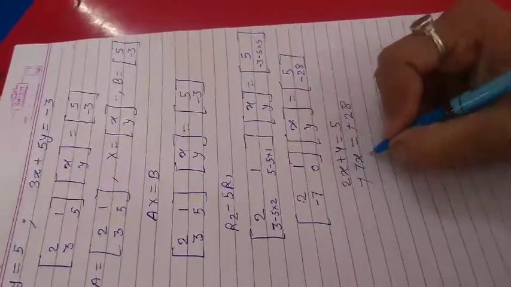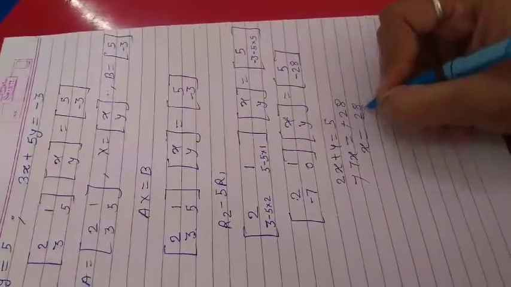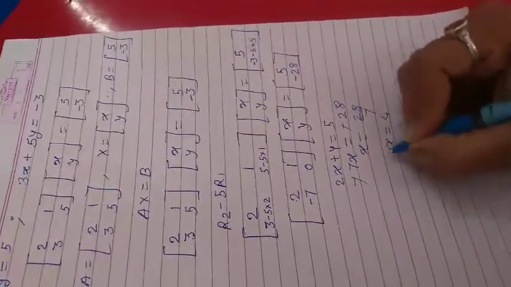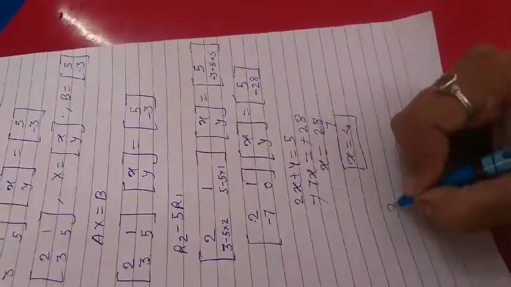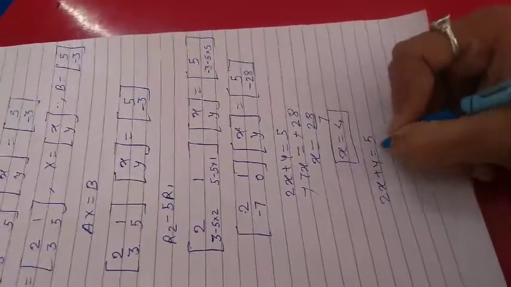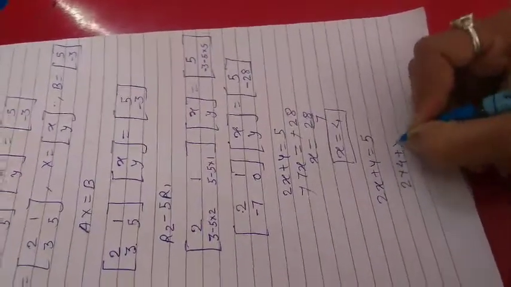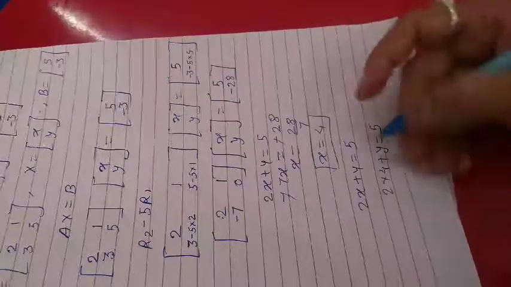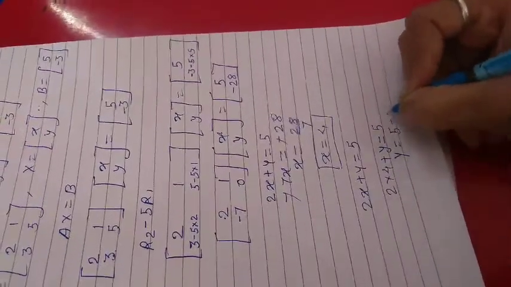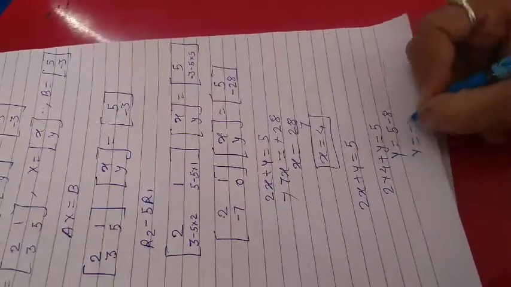Minus minus cancel, x is equal to 28 by 7, so x is equal to 4. And then 2x plus y is equal to 5, so 2 into 4 plus y is equal to 5. So y is equal to 5 minus 8, which means y is equal to minus 3.